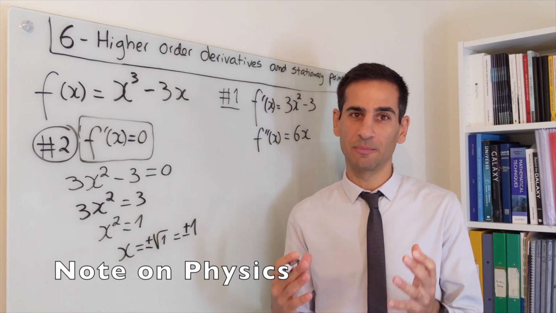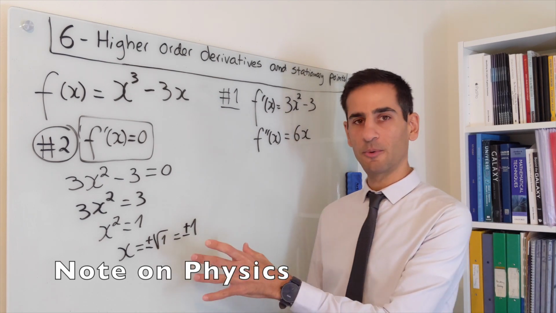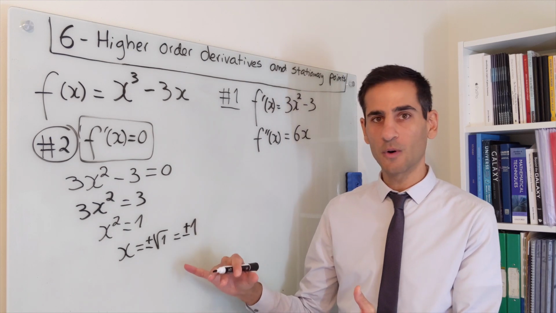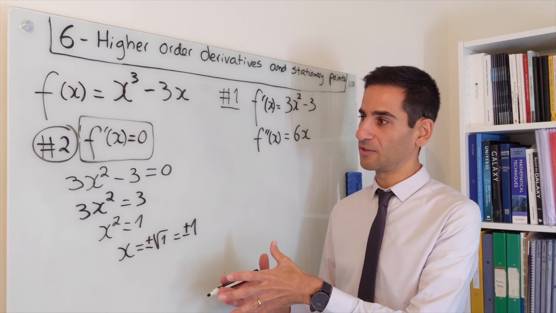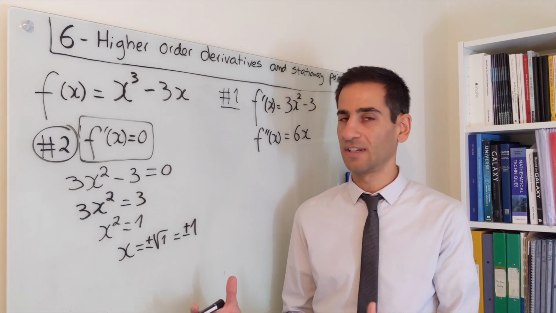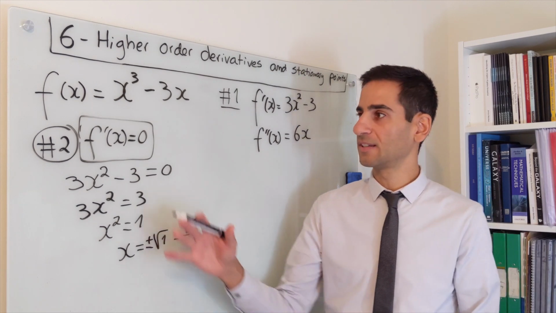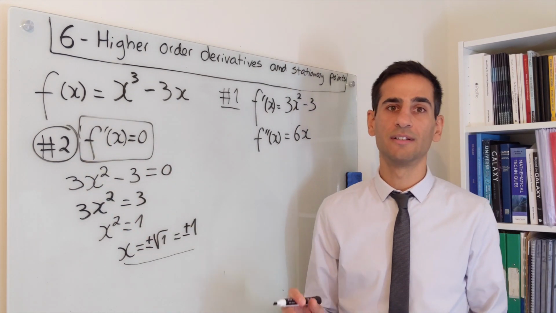If you're dealing with a problem in physics, like describing the real universe, and at this point you're dealing with quantities such as mass, you probably want to skip the negative solution. But because we're now doing a general case and we're not saying what we're actually looking at, we'll keep both solutions. This means that at the end of step 2, we've now found all the stationary points.